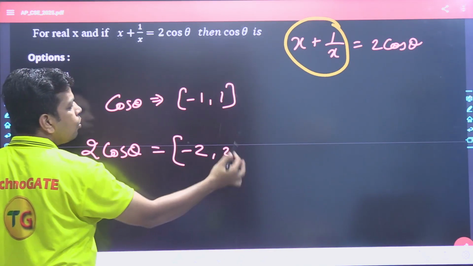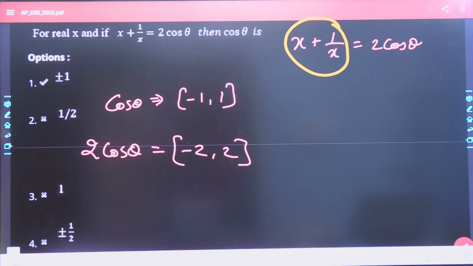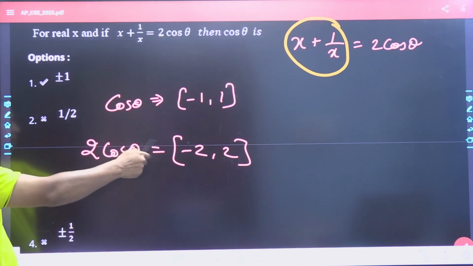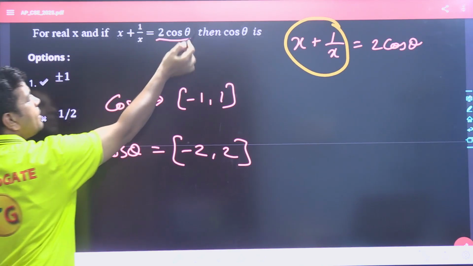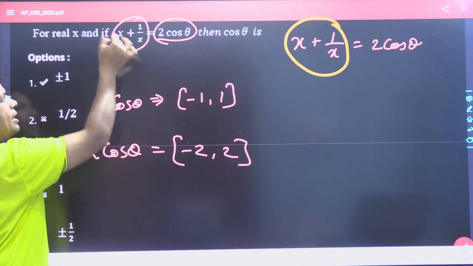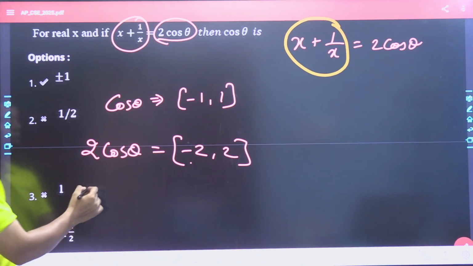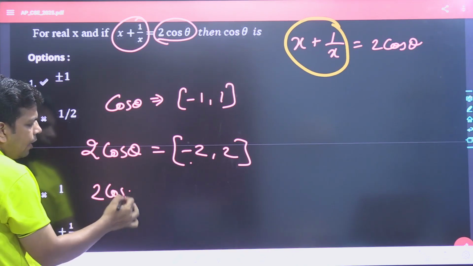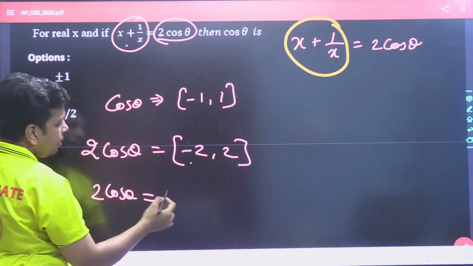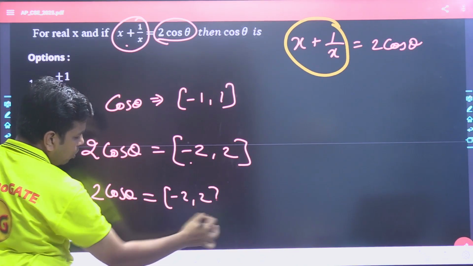My range is from minus 2 to 2 for cos theta.